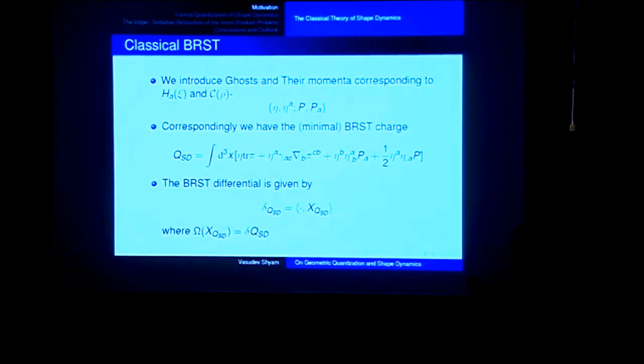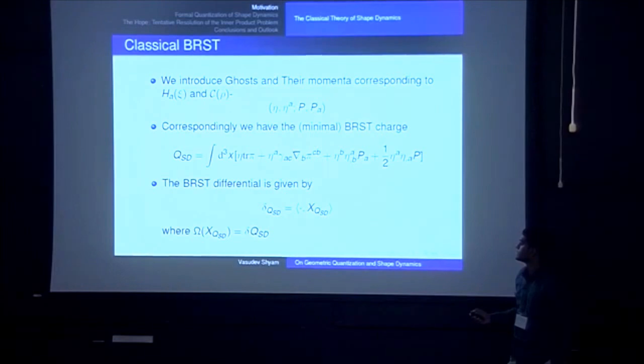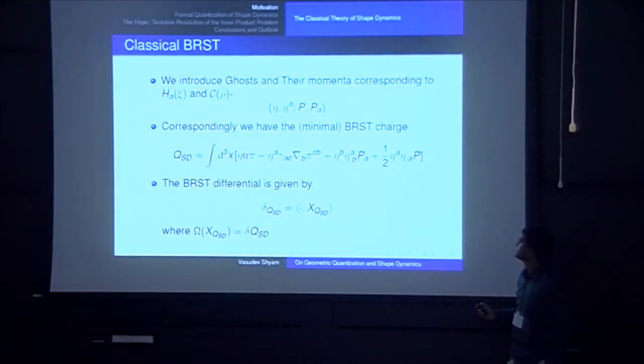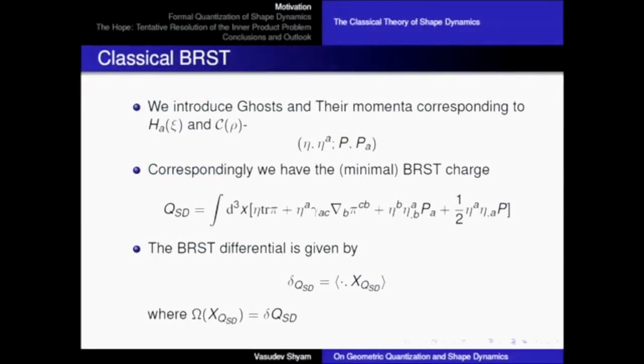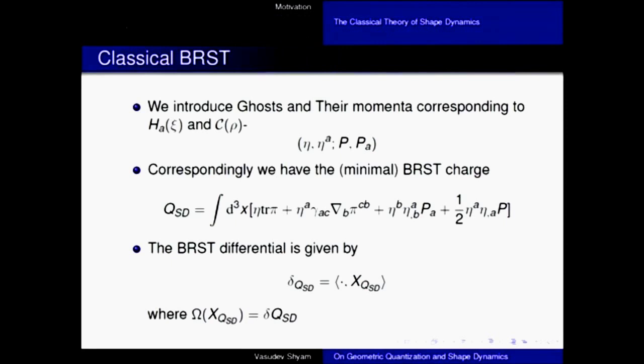Since it's a first-class system, the BRST charge is quite directly constructed, like in Yang-Mills theories. This is an abelian constraint, so the only other terms that pop up with the ghosts and the ghost momenta in this part are the ones which have to do with the commutation between two diffeomorphism constraints and the diffeomorphism and the conformal morphism constraint.